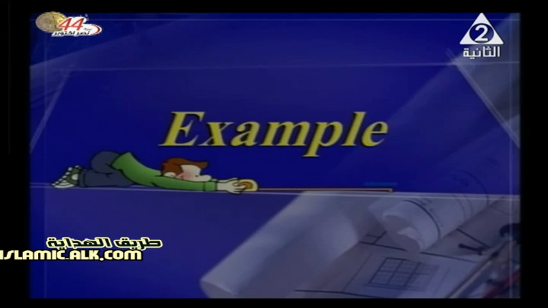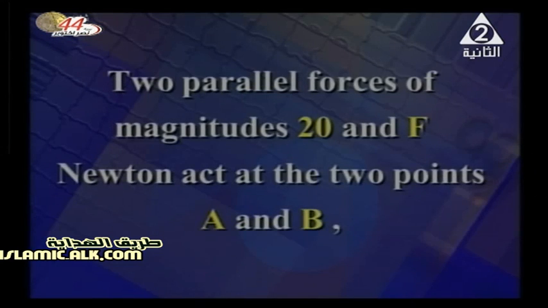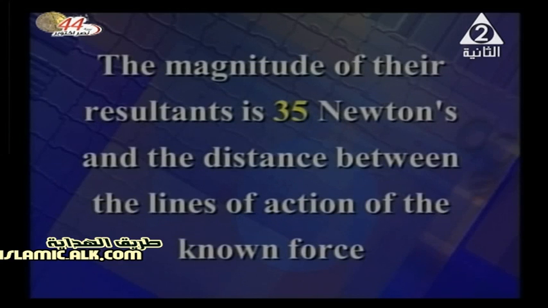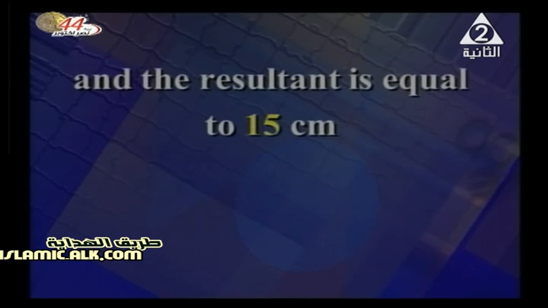Look at an important example. Two parallel forces of magnitude 20 and F Newton act at two points A and B. The magnitude of the resultant is 35 Newton, and the distance between the lines of action of the known force and the resultant is equal to 15 centimeters.